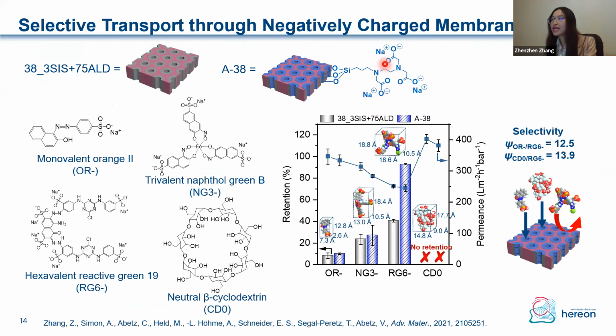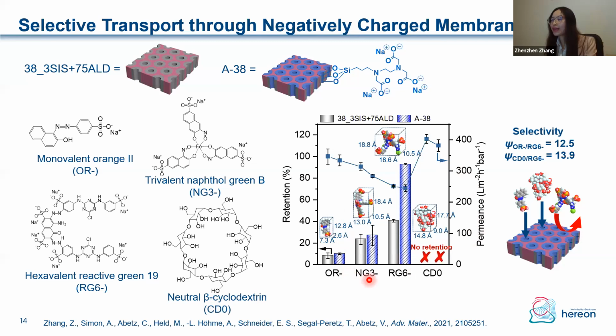And here is showing the anionic, or negatively charged, membrane. We use different anionic molecules with different charge numbers and different sizes, plus one neutral molecule.